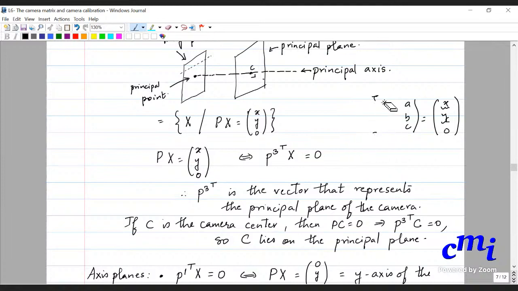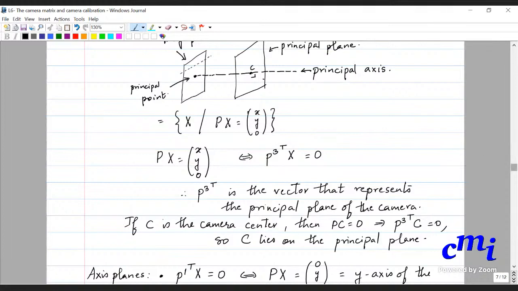So I'll just clean this up. And so what does this mean? You have now expressed this plane with this equation. It is the set of all points such that P3 transpose x is 0. That means this is the normal vector. So once you know the vector P3 transpose, you know the equation of this plane.